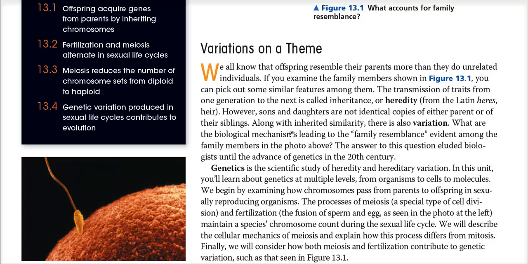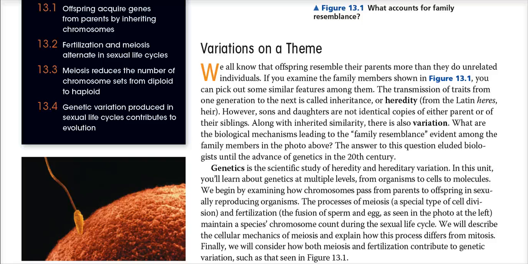So you see something in bold, that's a vocab word, and the vocab words are going to get hot and heavy in this course. So you're going to hear these words again and again. So I'm going to write down heredity. Again, we see a vocab word, we're going to write that, and we're going to try to put this in our own words. So the transmission of traits. And if you're stuck with using their words, that's okay here.